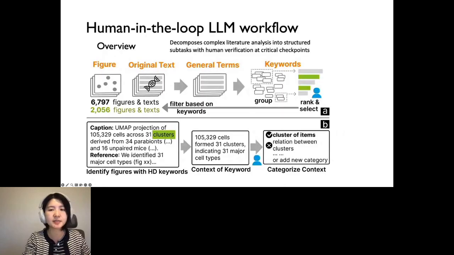The key idea behind this approach is to break down the overall complicated task of large-scale literature analysis into small, well-structured subtasks. Each subtask has its own clear definitions and expectations for the input and output.